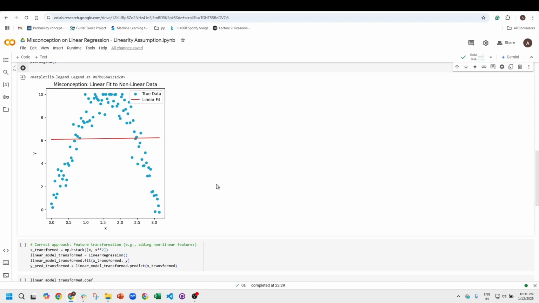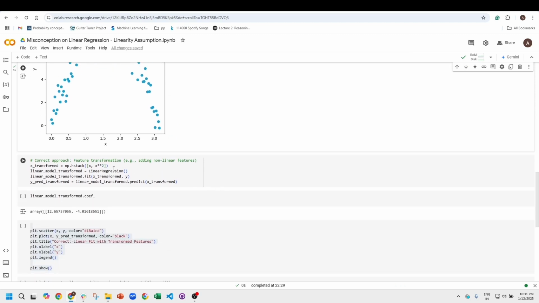Now we can see that the relationship is kind of a polynomial. So for all the values of the independent variable x, let's also compute x square and store both of these in an array called x transform. Invoke the linear regression model from scikit-learn again, fit it on x transformed and y, and now predict for all the values of x transformed.